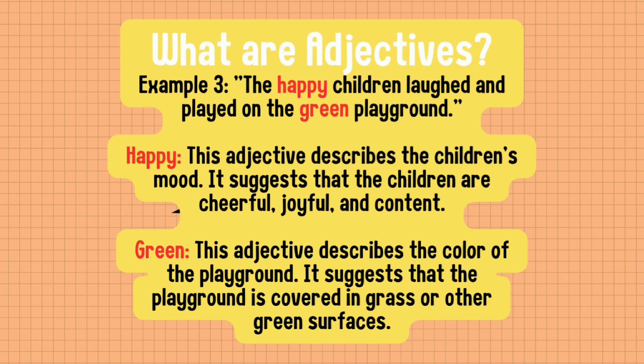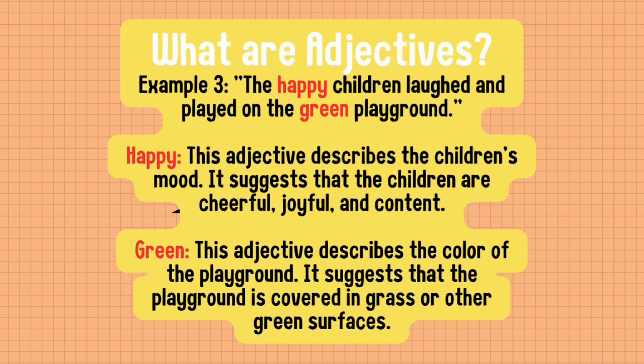It suggests that the children are cheerful, joyful, and content. And the word green describes the color of the playground. It suggests that the playground is covered in grass or other green surfaces. That's why green is the adjective in this sentence.